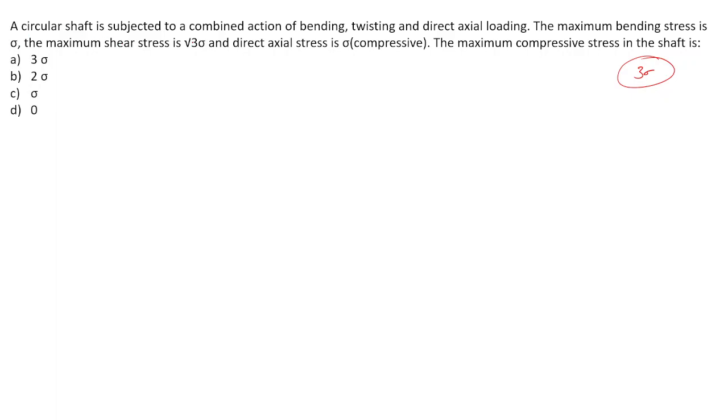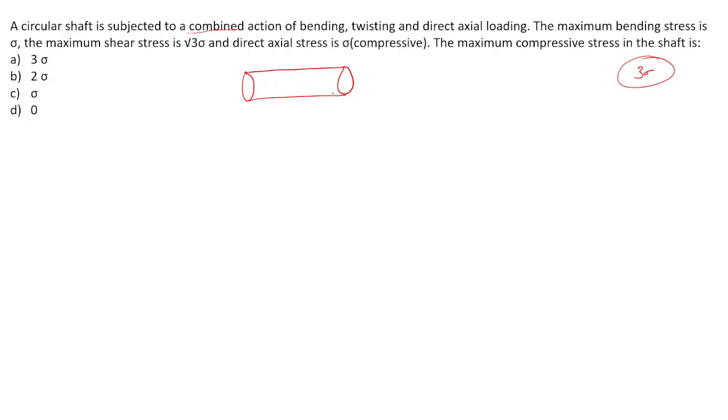Okay. A circular shaft is subjected to a combined action of bending, twisting, and direct axial loading. The maximum bending stress is sigma. Let's suppose this is our real shaft.